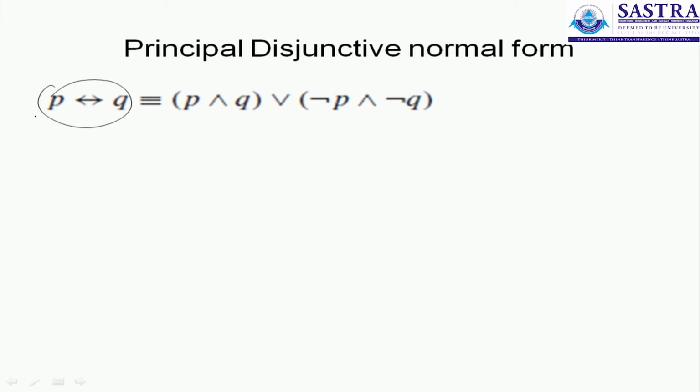Now remember, a PDNF is a sum of products, which means you're doing a disjunction of some terms where each term is a product, and not just any product. It involves all statements involved in the formula, either in their natural form or in their negated form.